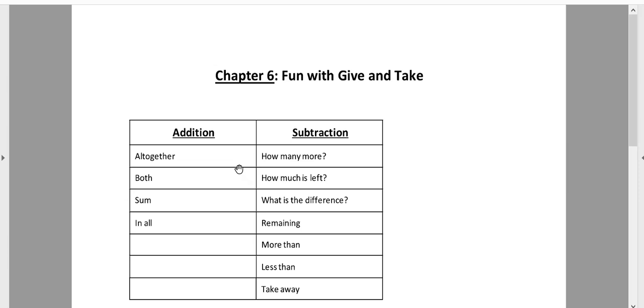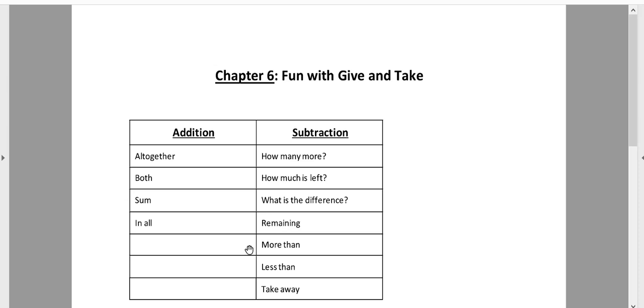When we are given word problems and we need to identify the operation, we need to look for keywords. For example, the problem could have a phrase that says, how many more? How much is left? What is the difference? Or simply there could be words saying remaining balls or remaining pens or whatnot, right?